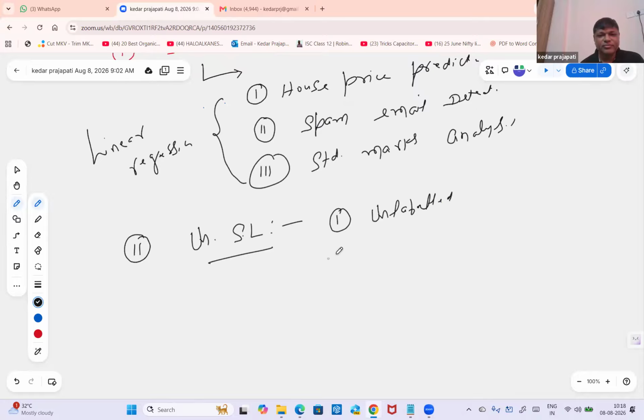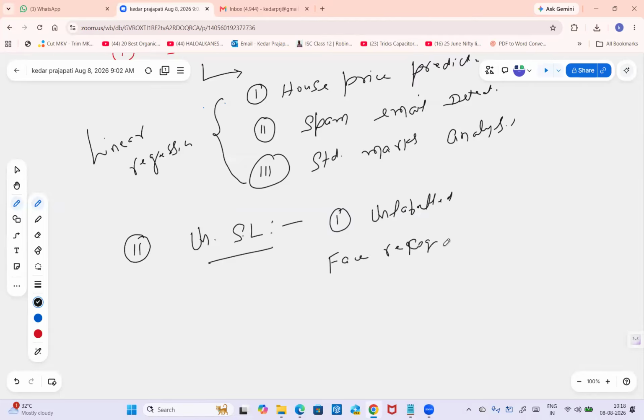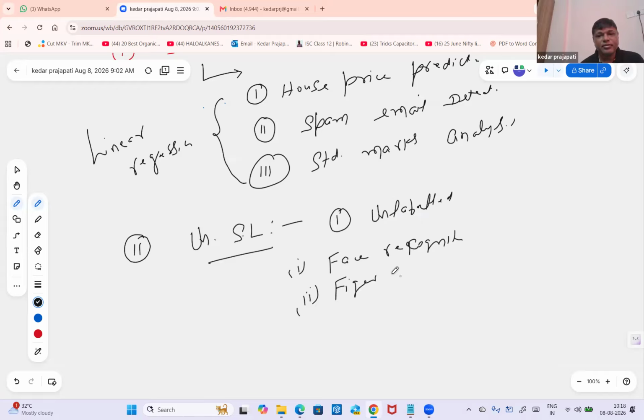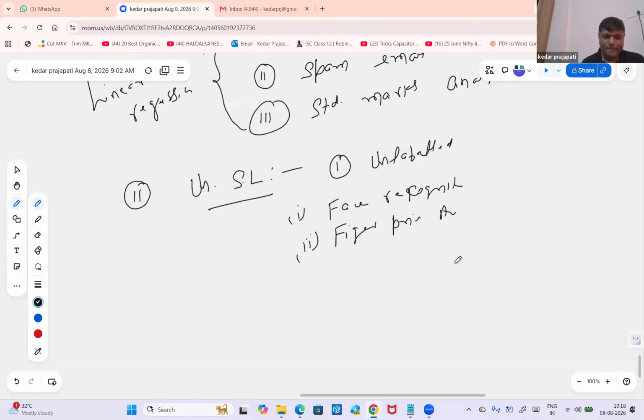Here we saw the example of face recognition, then fingerprint authentication. There are many things possible.